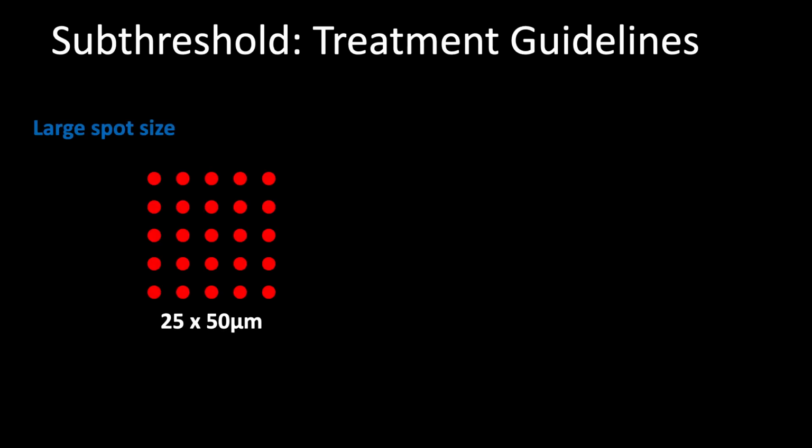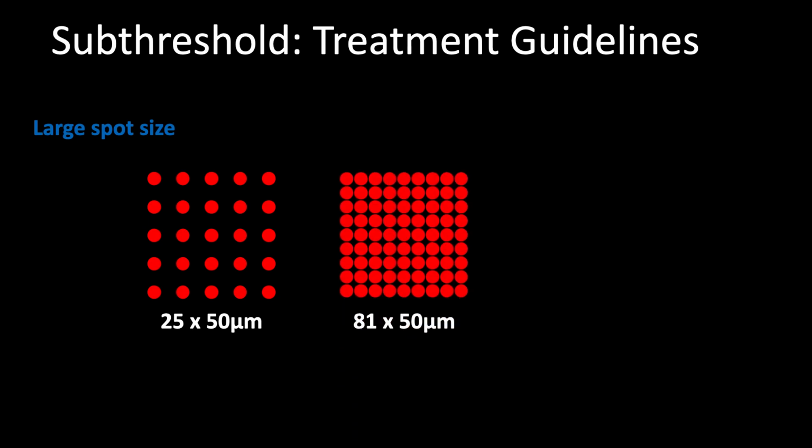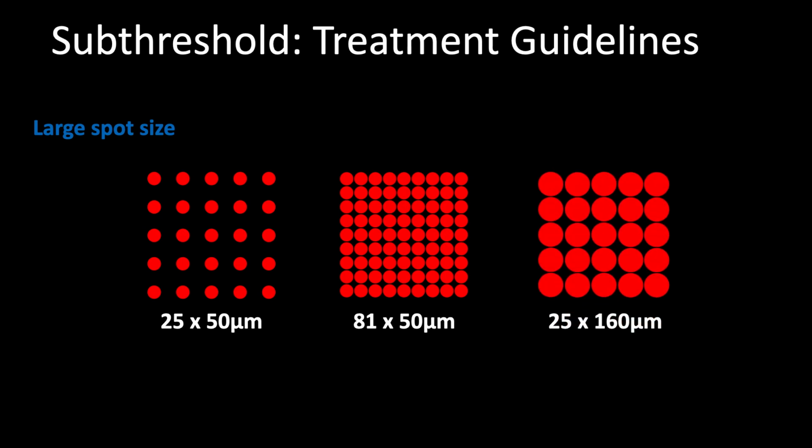So here, for instance, we have 25 spots with a spot size of 50 microns. If we intended to do a dense treatment with no spacing in between, we would need to do 81 spots. Whereas if we intended to do just the same 25, we can increase the size to 160 microns. You would ask me, if 160 is good, why not use 200 or 400?